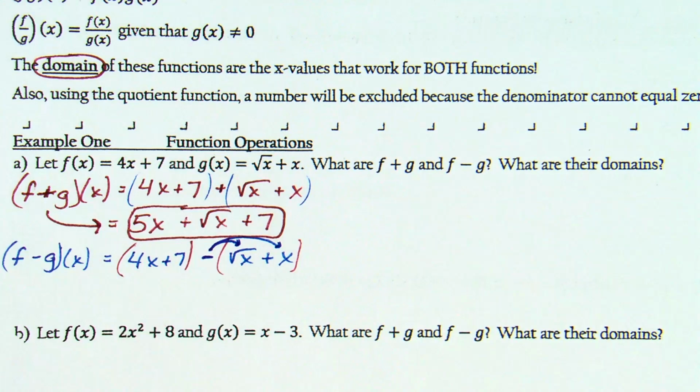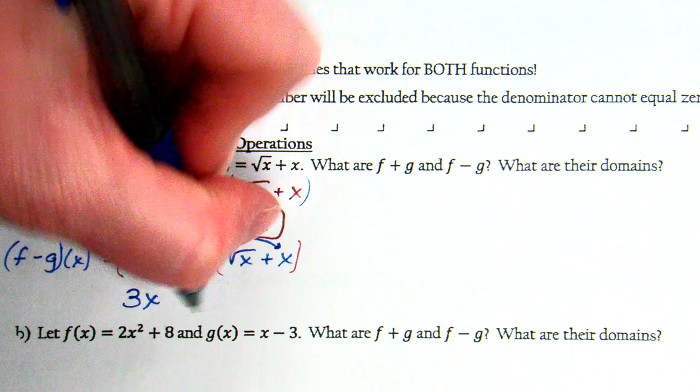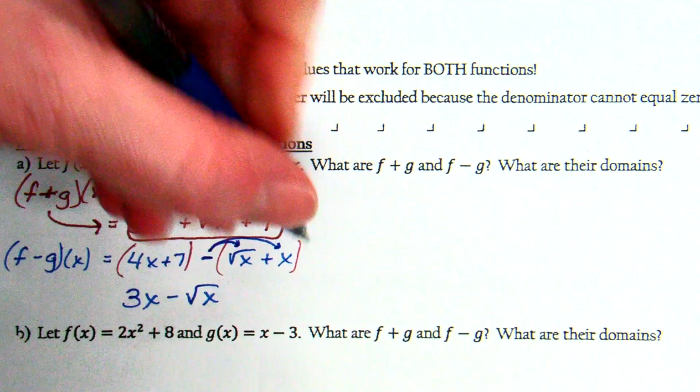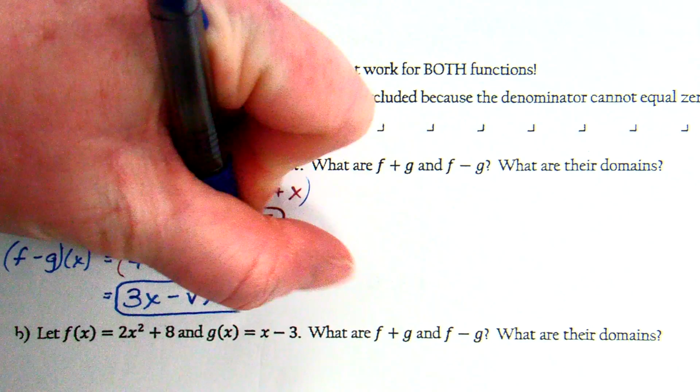Okay, so 4x and x still go together, but this time it's 4x minus x, which is 3x. We still have a square root of x, but it's after the subtraction sign, so it's minus square root of x. And then we still have this plus 7. The plus 7 is in the first part, though, so it's still just a plus 7. So 3x minus square root of x plus 7.